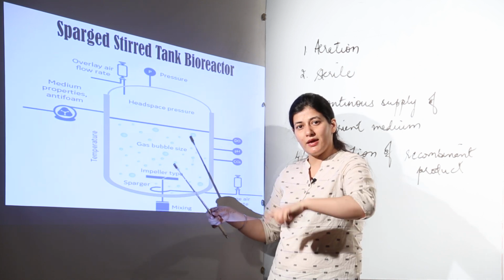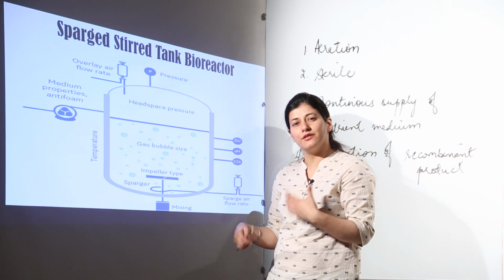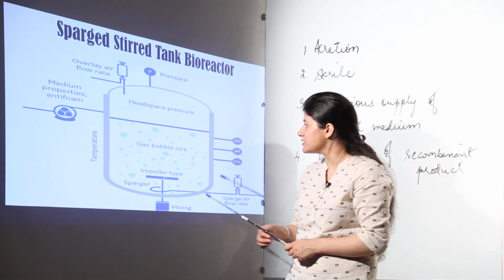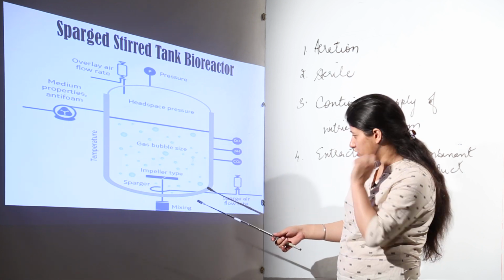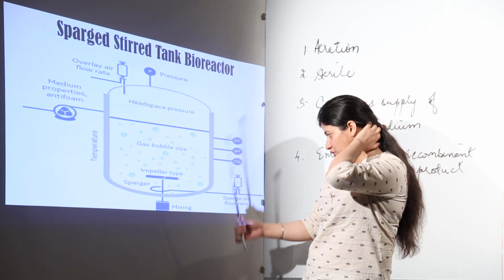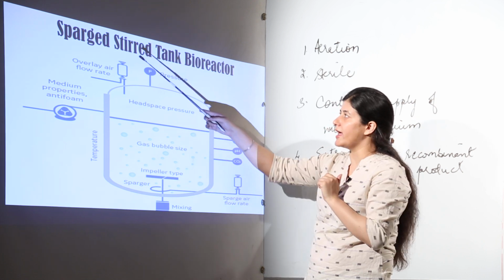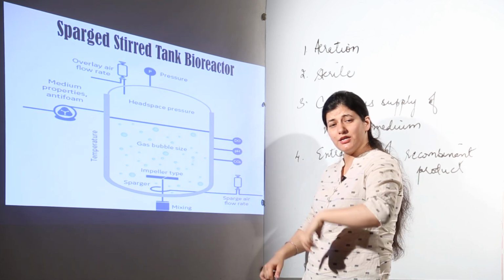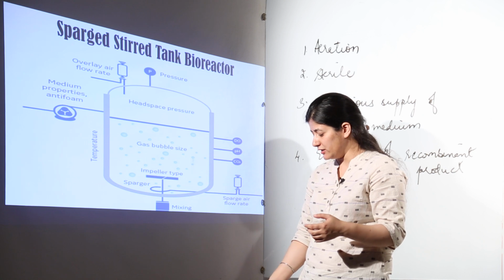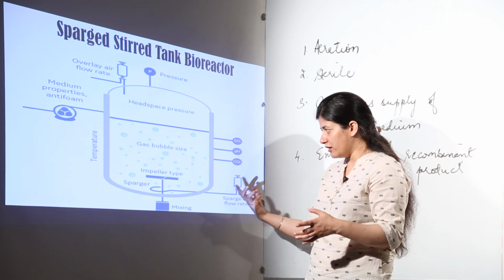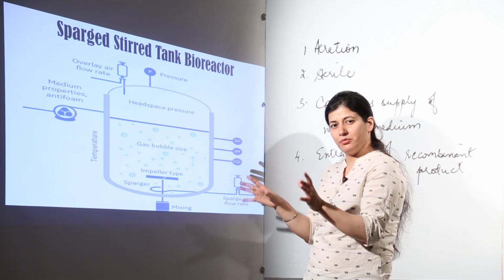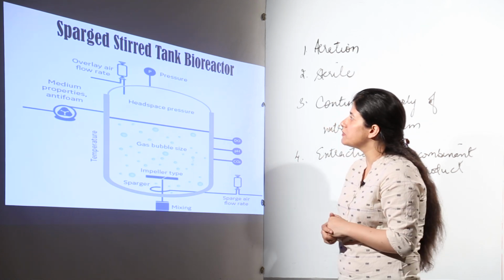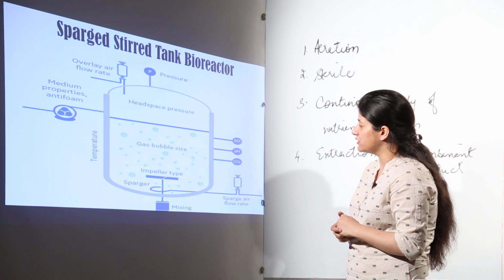Those bubbles increase the surface area and the reaction ability, and there is a headspace pressure, there are monitors observing what is taking place, and mixing takes place continuously. What you have to take care of is that the air bubbles increase the surface area, and they are added by a propeller or impeller. So this is the sparged stirred tank bioreactor that you have to remember.